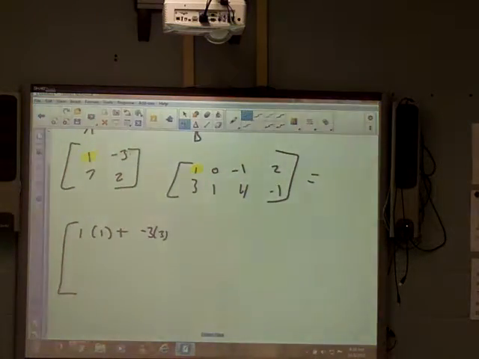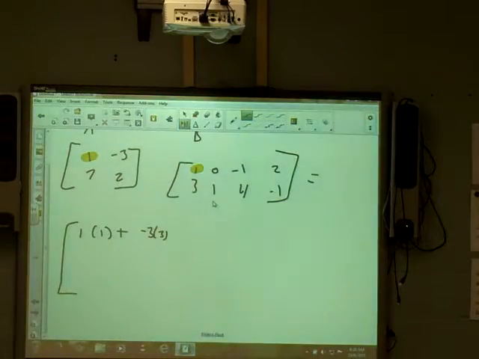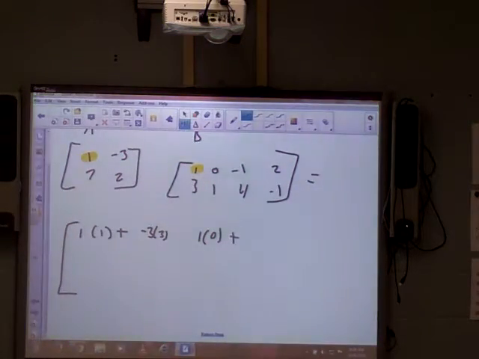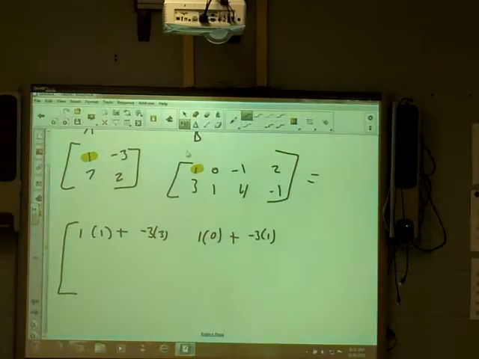Now I'm going to go top row to second column. 1 times 0 plus negative 3 times 1. Okay? Top row, second column.